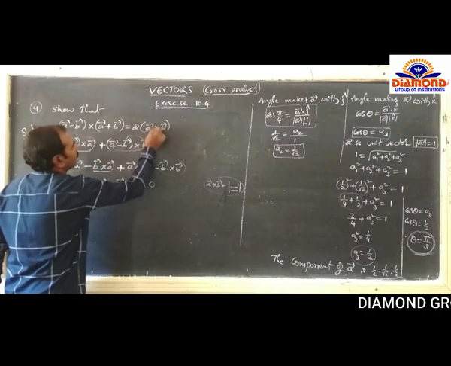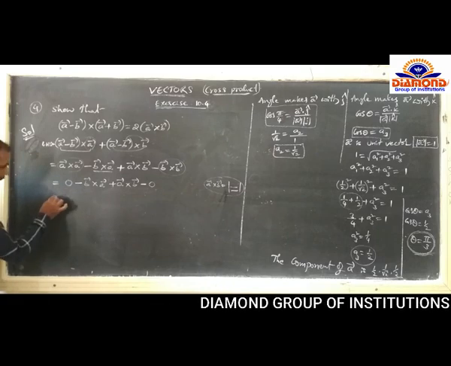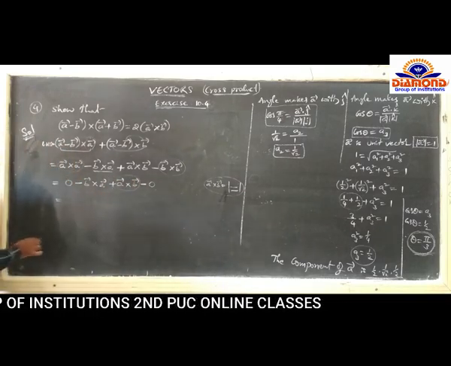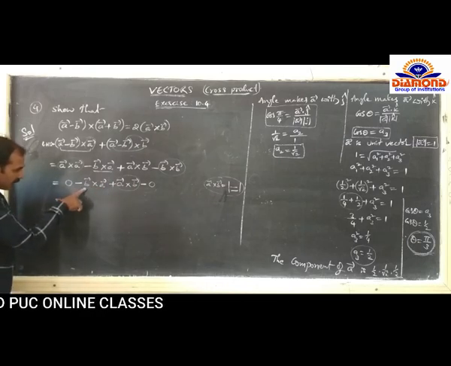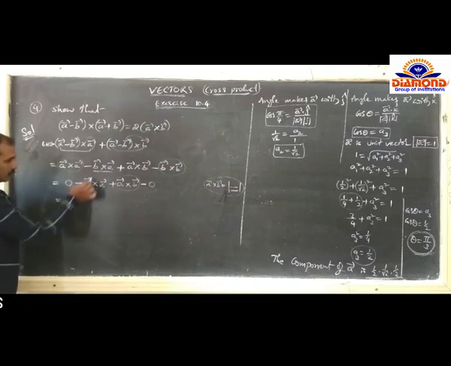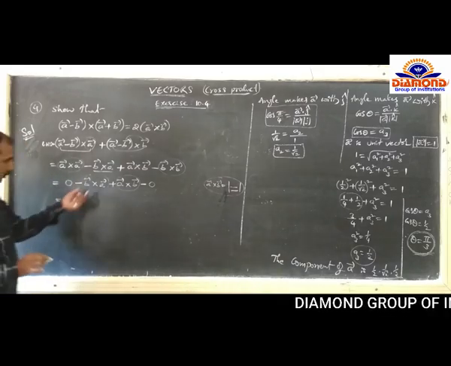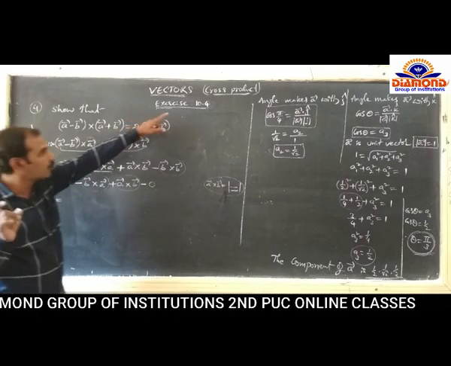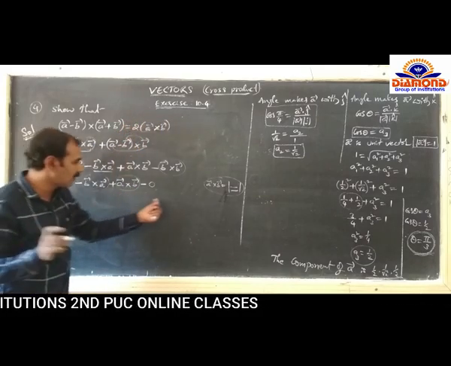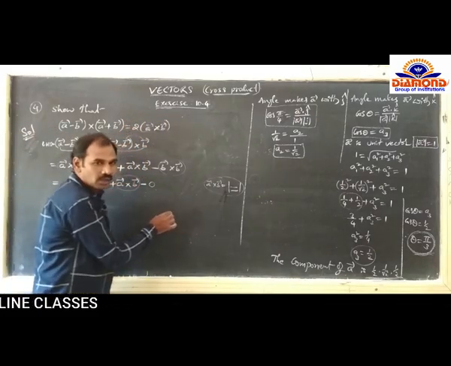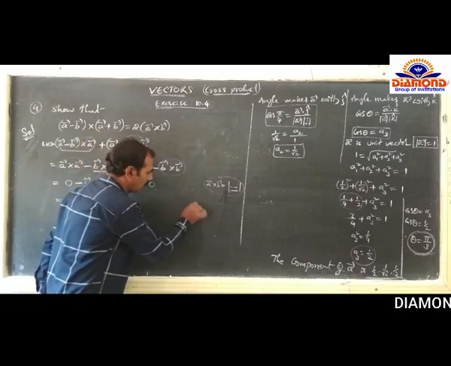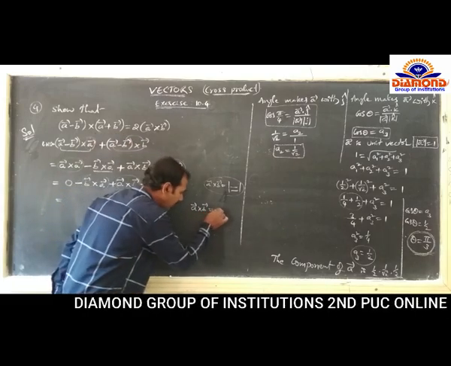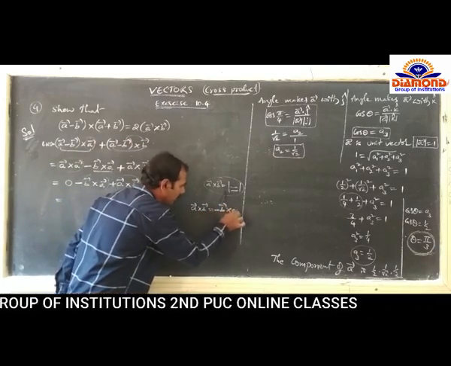Here, we have a bar cross b bar minus b bar cross a bar. The cross product does not follow the commutative law; it means a bar cross b bar equals minus b bar cross a bar.